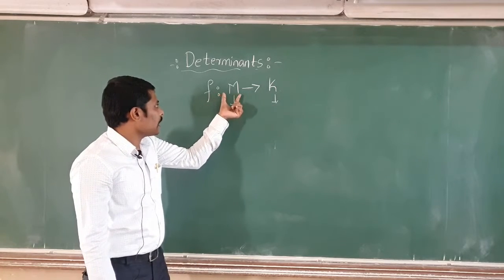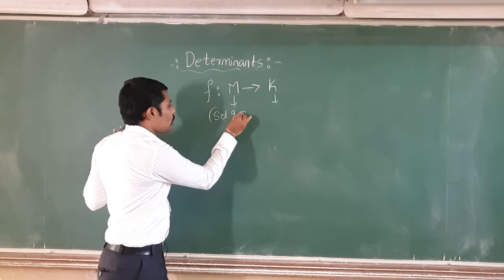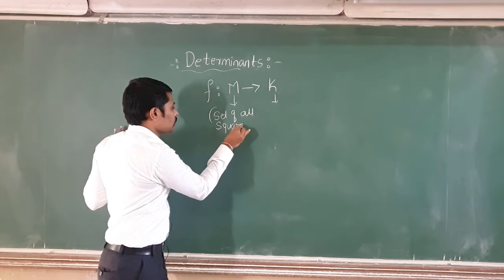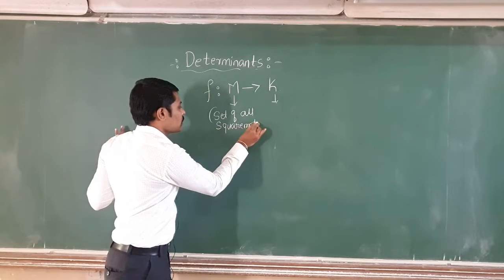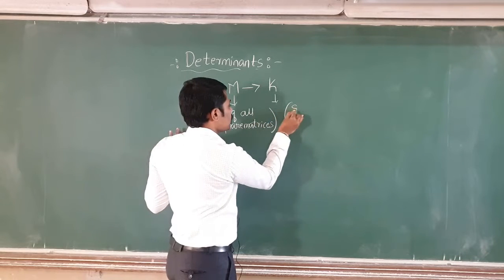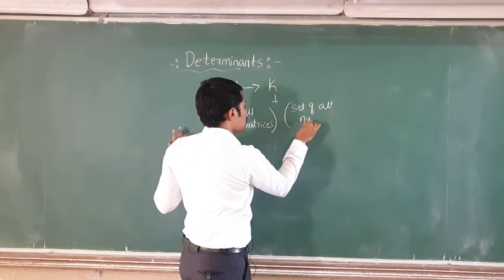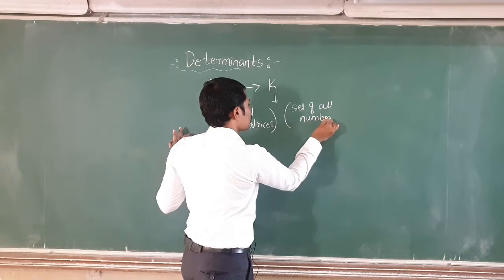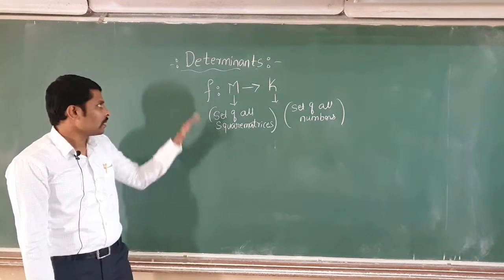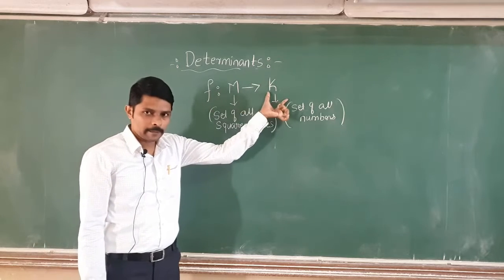M means the set of all square matrices. This K is nothing but the set of all numbers. Numbers may be real, numbers may be complex. Determinant is a function from M to K.